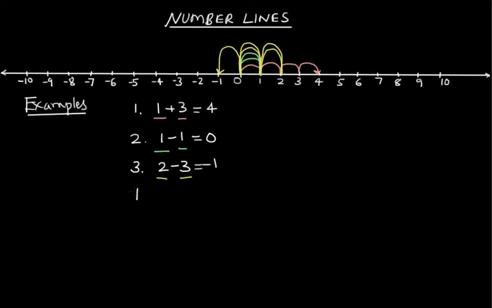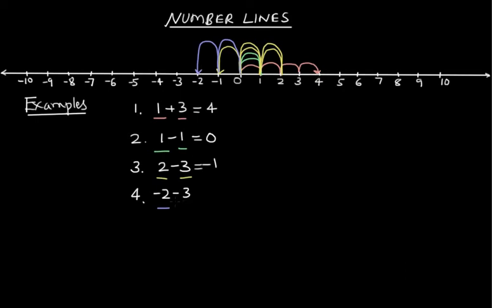Alright, let's take another example. Fourth example: -2 minus 3. Let's take another ink, maybe a blue pencil. For minus 2, as usual we start from 0, and since it is minus 2, we go to the left hand side by 2 steps from 0. We stop here.